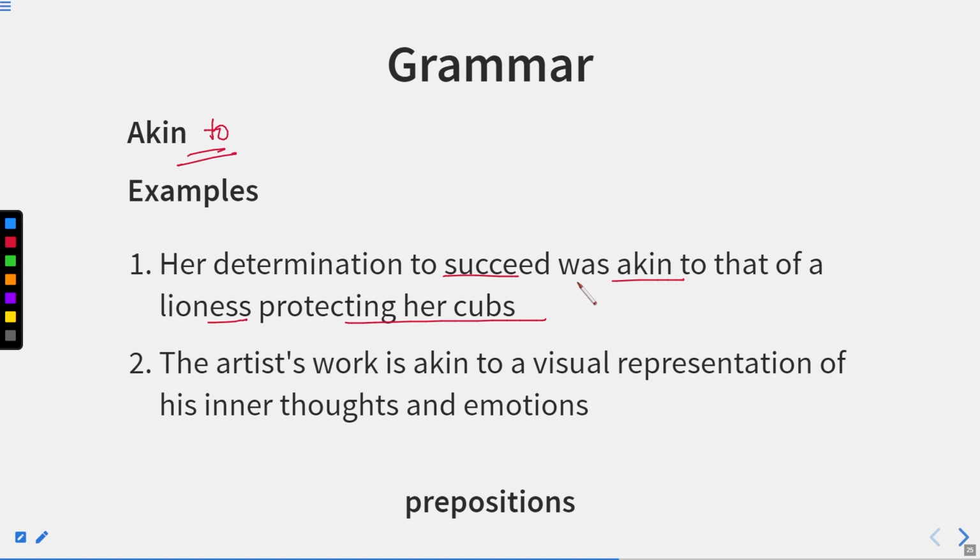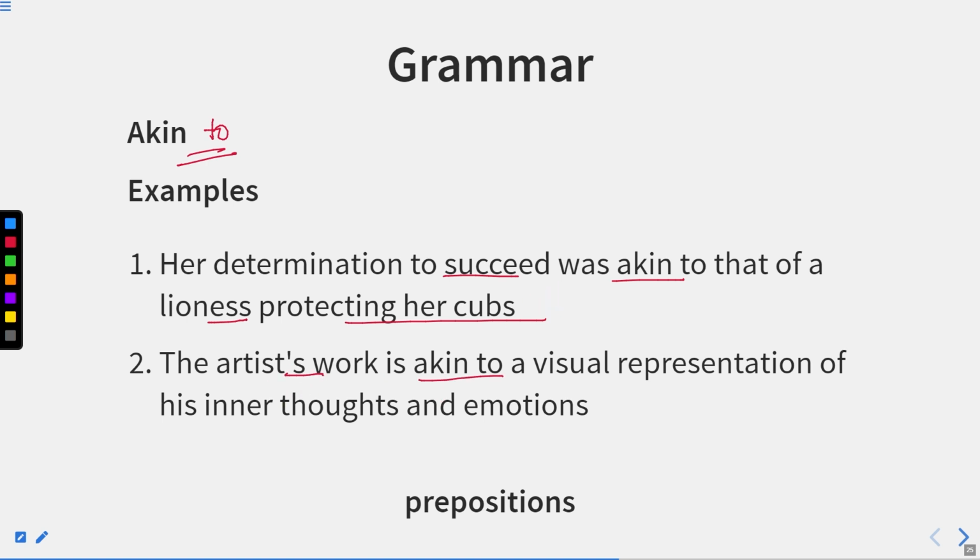Her determination to succeed was akin to, it means she was very determined. Akin to means look like, or it resembles, or it is like. It possesses the quality of a lioness protecting her cubs. Who is protecting her cubs? It means she is really determined towards her career.